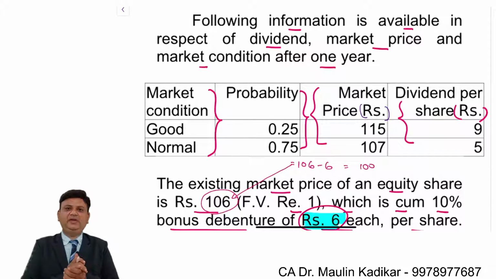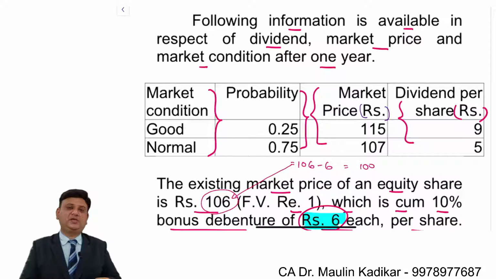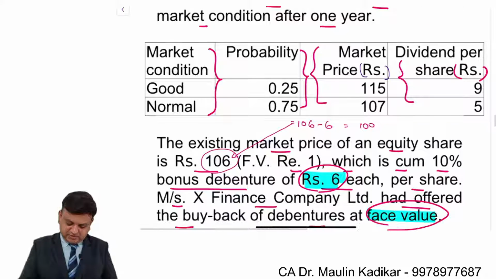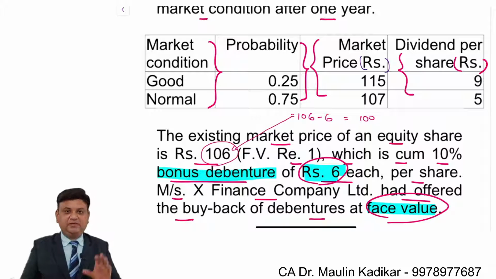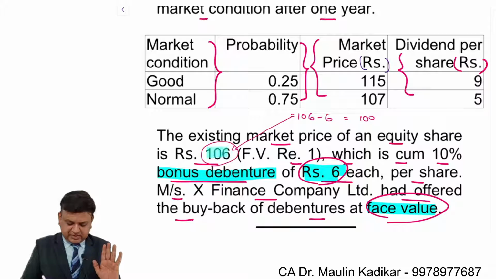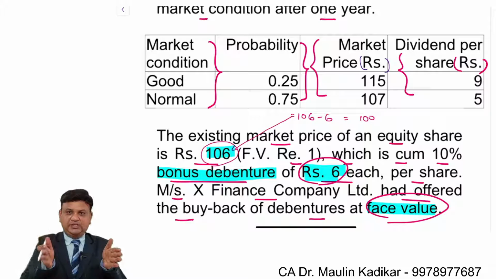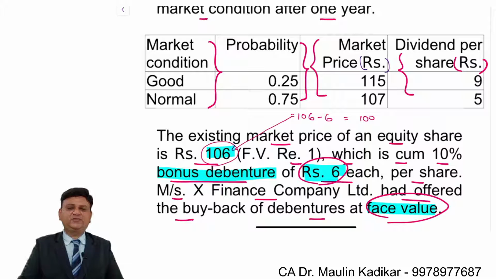Dear students, the way we have the bonus equity share, similarly there is a concept of bonus debenture. So information is given to us. Whatever equity share we are holding has a market price of 106. This 106 rupees of the market price is inclusive of 6 rupees of the bonus debenture. So the pure value of the equity share is 100 rupees.